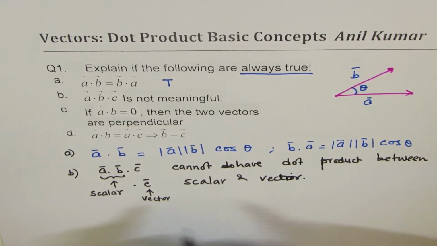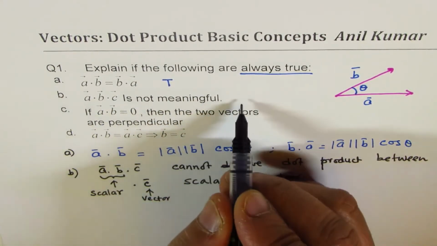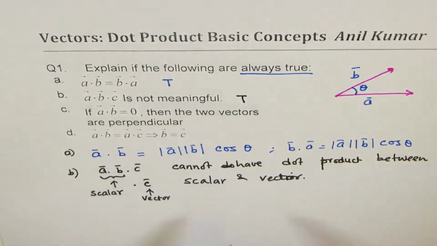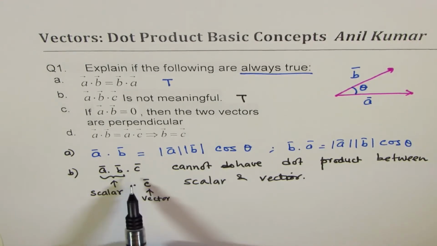So that is not valid. So this statement, that it is not meaningful, is also true. It is always true, right? We do have a scalar multiple, but not a dot product like this.